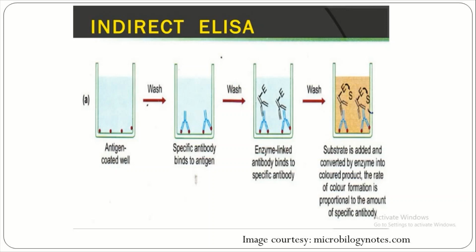After you wash, the excess secondary antibody is washed away, and finally you add the substrate. The substrate reacts with the enzyme and gives you a colored product. Now you add the stopping solution, then read it in the spectrophotometer, which gives you a proper quantification of how much of your antigen is present in the well.